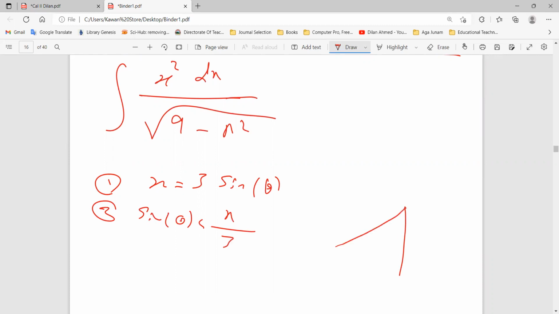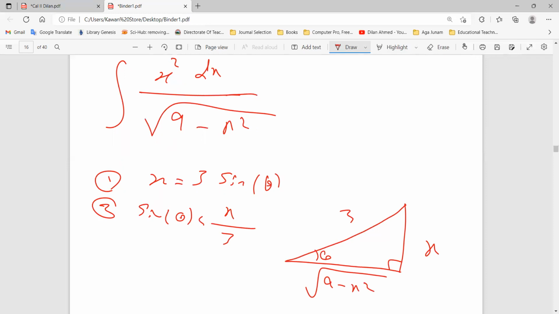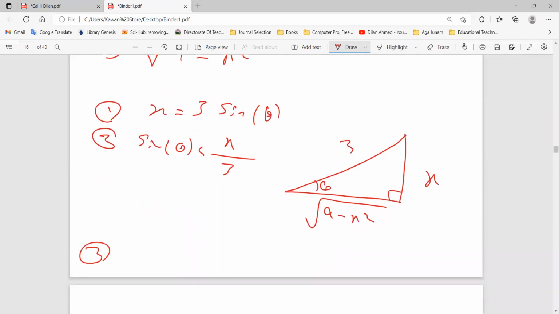So triangle, theta, x over 3. So here will be square root of 9 minus x squared. Am I right? The third step, dx is equal to 3 cosine theta d theta, from the first step.